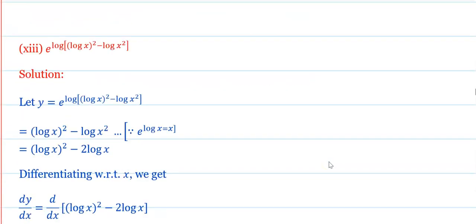Now the next question. e raised to log of (log of x)² minus log of x². Okay. Now see this here. Whenever the function is like this, e raised to log of m to the base e, then its answer is m.